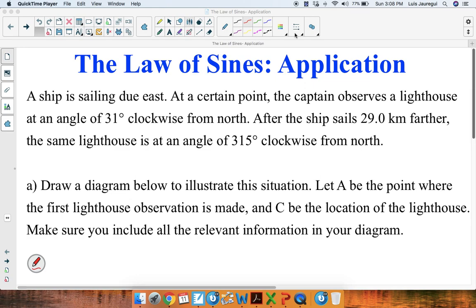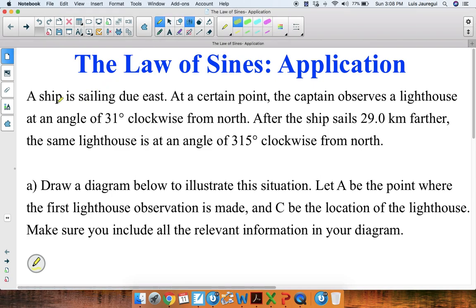Let A be the point where the first lighthouse observation is made, and C be the location of the lighthouse. Make sure you include all the relevant information in your diagram. So let's go ahead and extract the information here. First, we know that the ship is sailing due east, so we know this for sure.